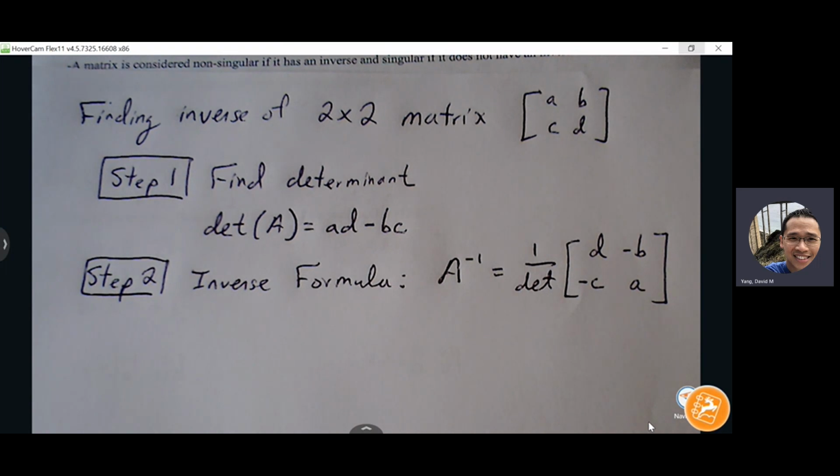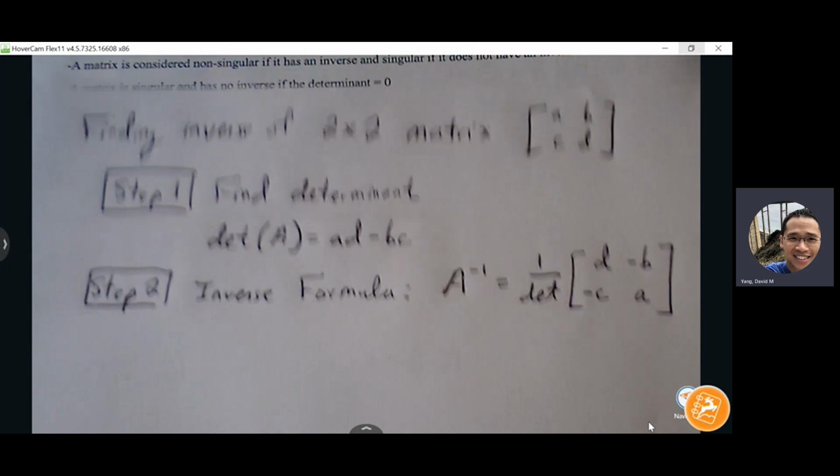No inverse exists for matrix C. Okay, right, try number 4. Okay, here's number 4.